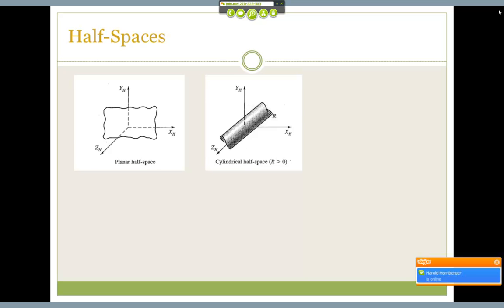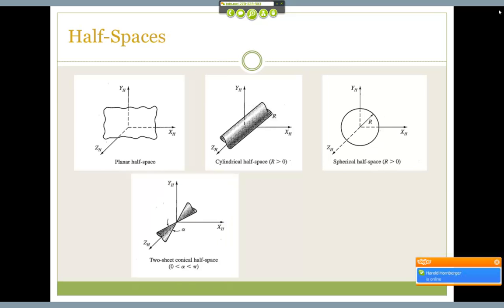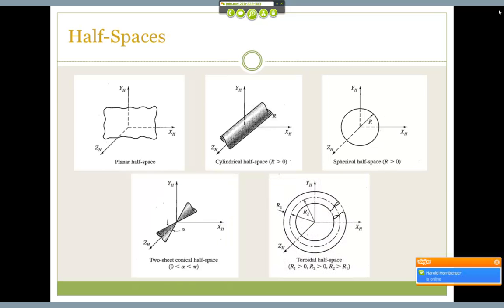But we're either inside the cylinder or outside of the cylinder based on a very simple equation. The same with the sphere, the same with cones, the same with the torus. So it's really easy to take known mathematical equations and represent them as a half space. You're either inside the cylinder, inside the sphere, inside the torus, or you're not. Okay?